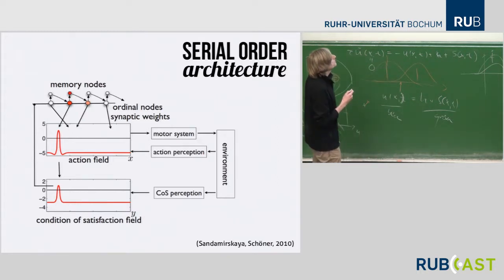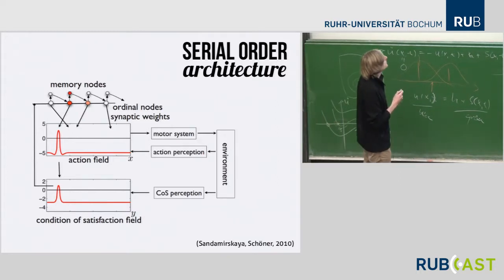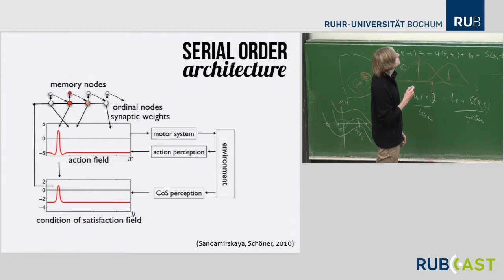Now what we want next is that not this node activates again, but the next node, the one for the next action. And for this to work, we have these other nodes up here. These are memory nodes. So as soon as one of these nodes is active, it activates its memory node as well. These are called ordinal nodes.